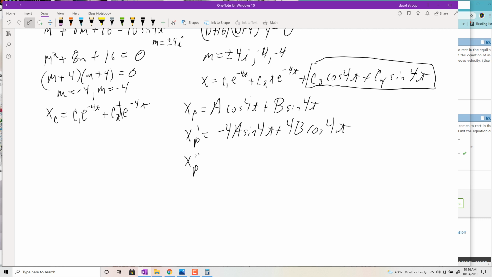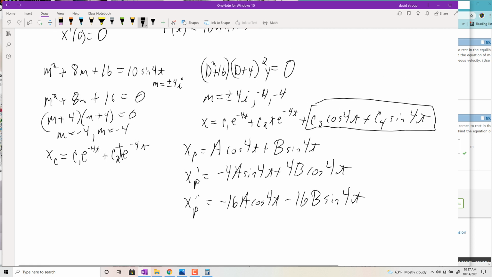And x double prime p is going to then be -16a cosine 4t minus 16b sine 4t. Okay, then we want to plug that all back into our original differential equation.